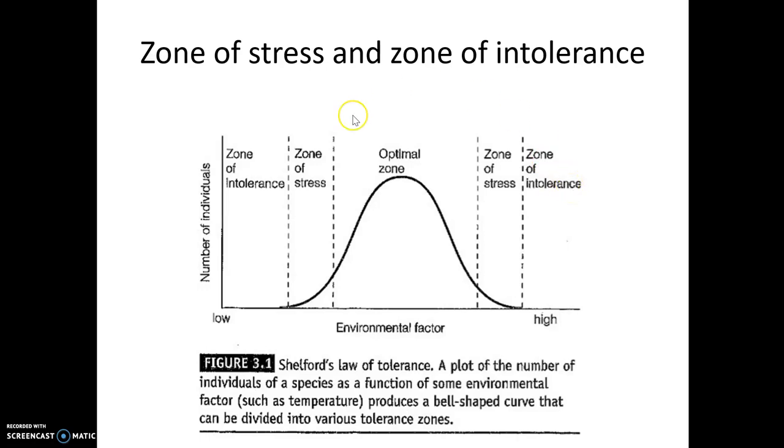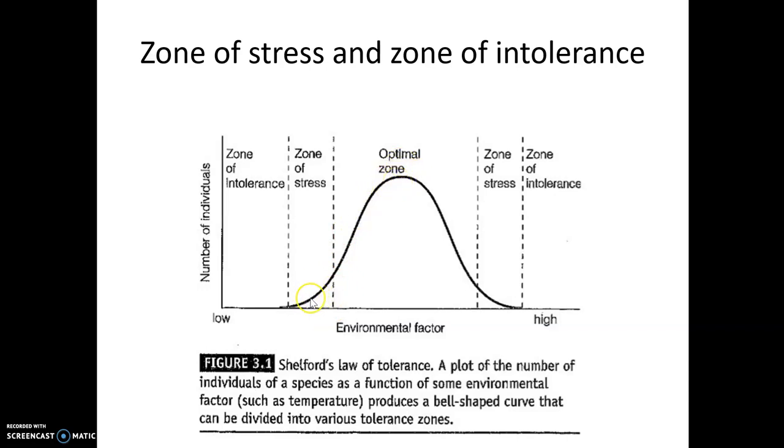On the other side of the spectrum, if the temperature becomes too low, we call that zone of stress. And if it becomes way too low so that the species can no longer survive, then we refer to that as the zone of intolerance. And on the y-axis of this graph, we have number of individuals. So this means that within this span of this environmental factor, we would have the highest number of individuals.